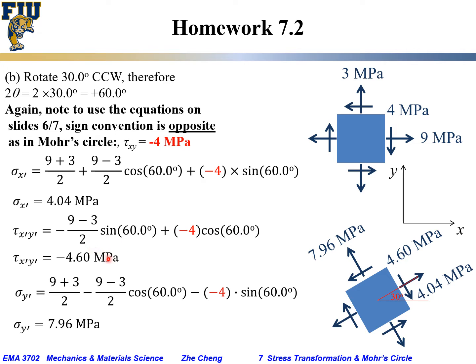Okay, you plug the numbers in, it will be minus 4.60 megapascal. And finally, the normal stress in the new y direction, if you plug the numbers in, would be 7.96 megapascal. So this would be our new orientation.